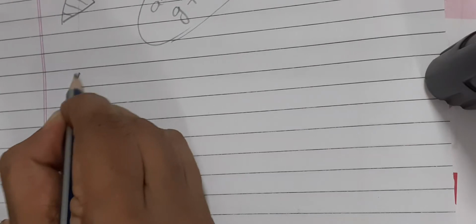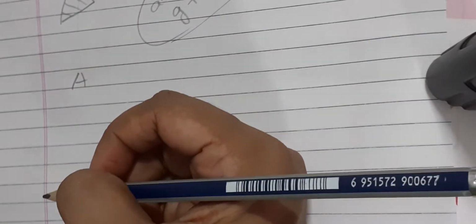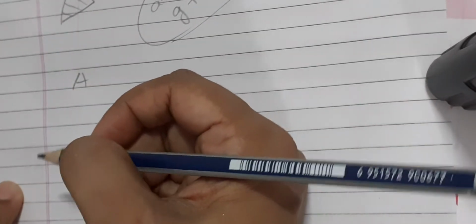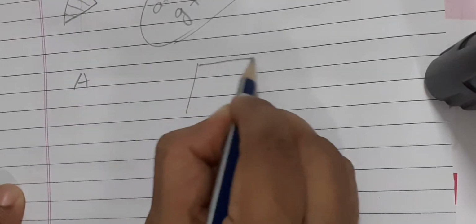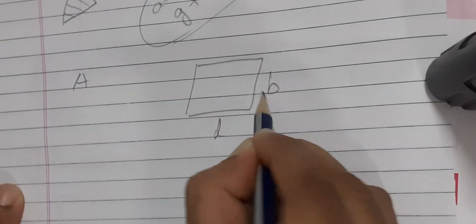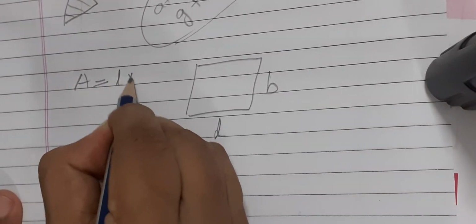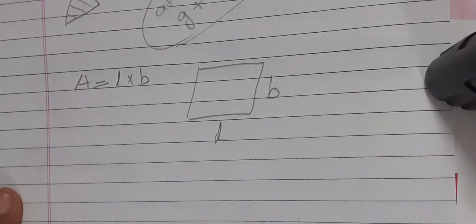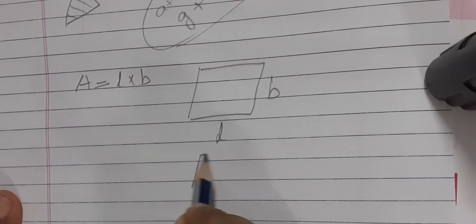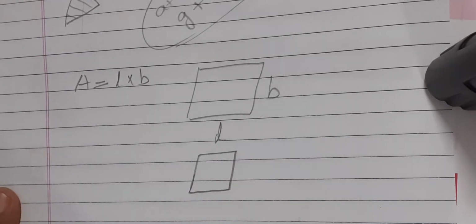Area is usually denoted by capital letter A. Suppose that a rectangle has length L and breadth B, then the area is given by A equal to L into B, length into breadth. Like that for a square, what is the specialty? All four sides have the same length.